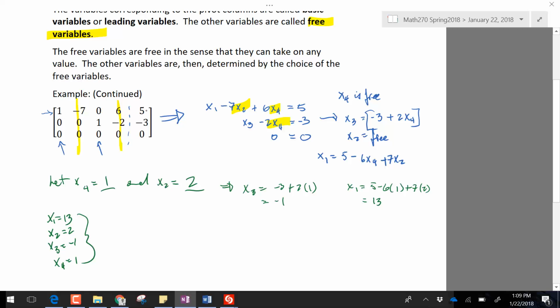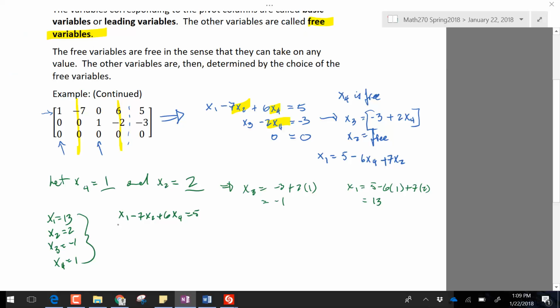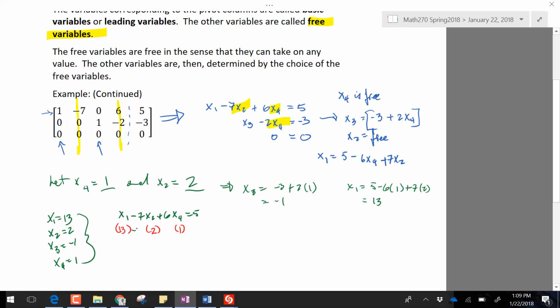So I know the first equation is x1 minus 7x2 plus 6x4 equals 5. So if we put in those values for those appropriate places, where x1 is equal to 13, x2 is equal to 2, and x4 is equal to 1, we should get 5.